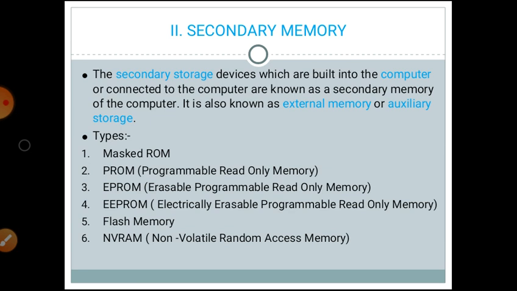First, masked ROM, then PROM, programmable read-only memory, then EPROM, erasable programmable read-only memory, then EEPROM, that means electrically erasable programmable read-only memory. Next is flash memory, and the last one is NVRAM, non-volatile random access memory. These are the types of secondary memory.